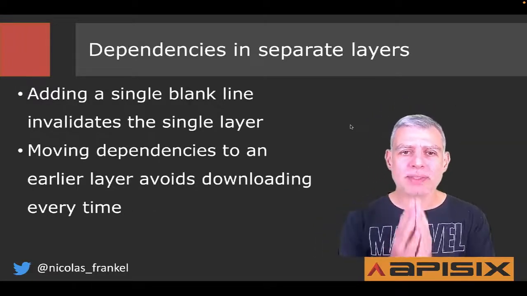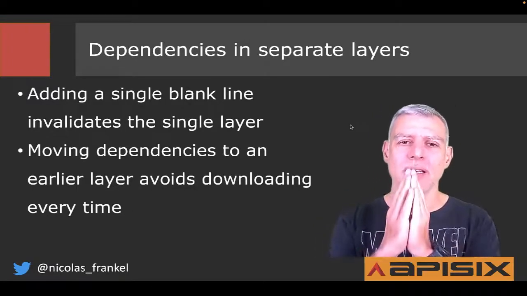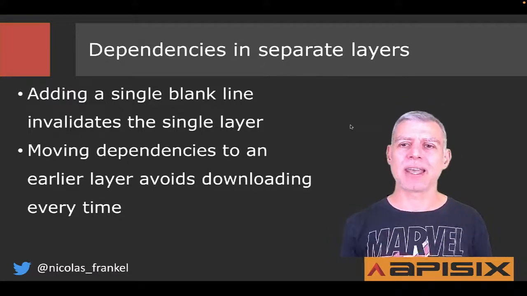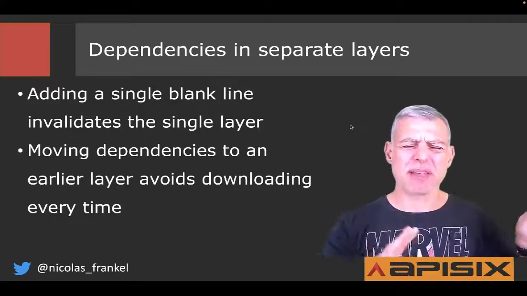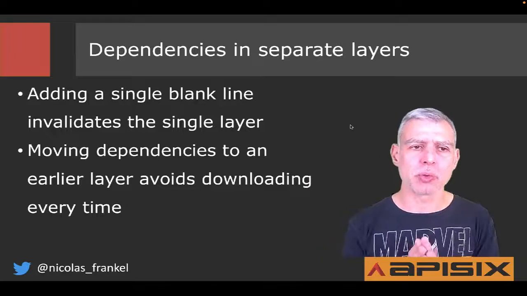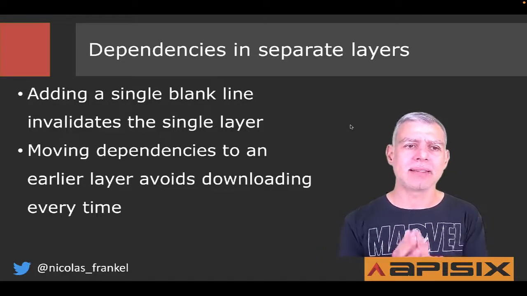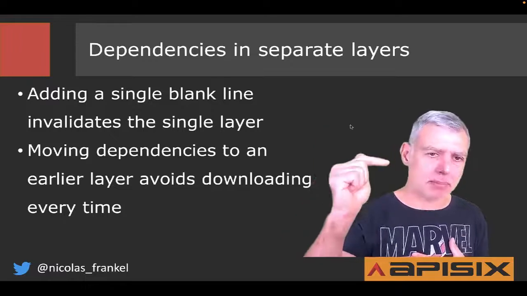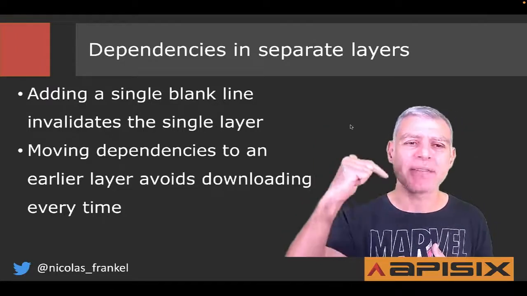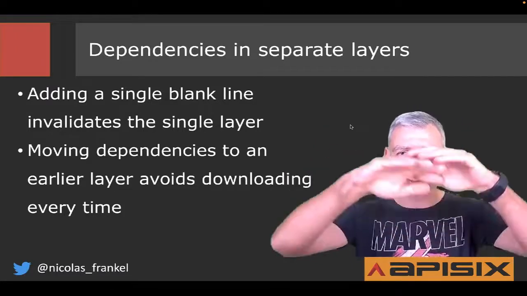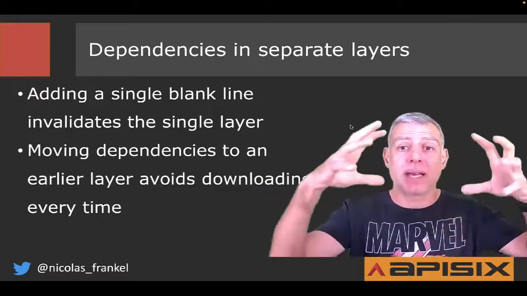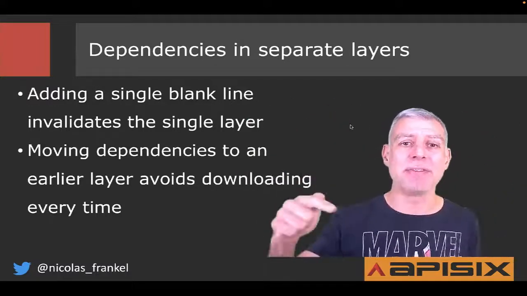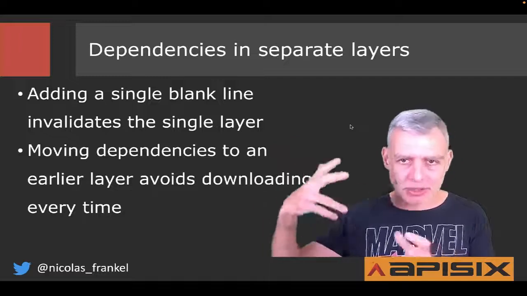So the most important optimization technique when you are using Docker is to use layers. Regardless whether it's Maven, Gradle, whatever, you should always add layers. As I mentioned, I add a single blank line in my source code every time. So since I have a single layer with my code and the dependencies, everything in the same layer, it invalidates the layer because the hash code is different.